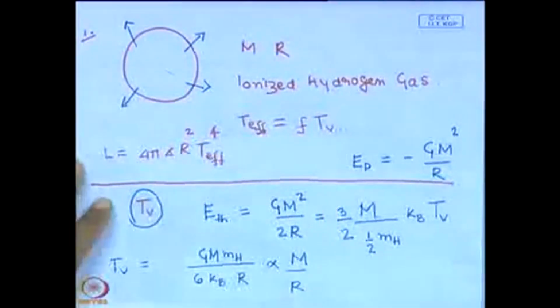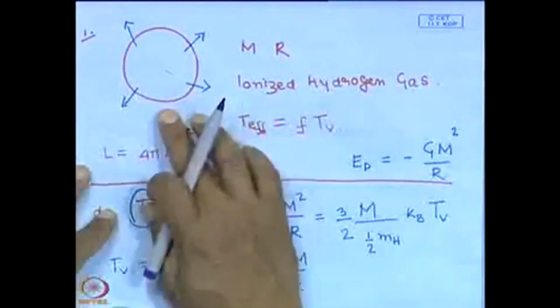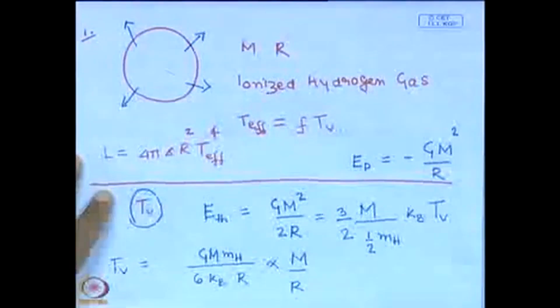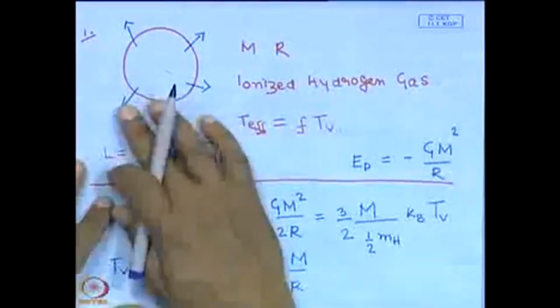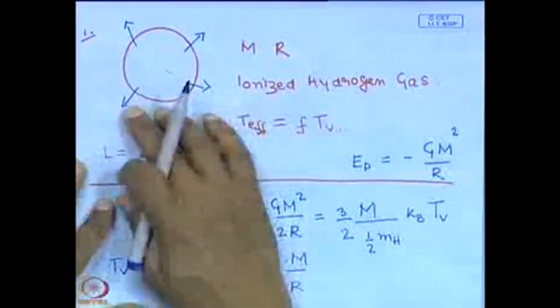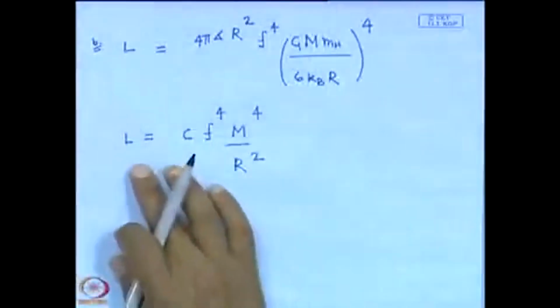So, the total energy and the thermal energy are equal in magnitude. So, you can just equate the loss, and the thermal energy will increase if it loses energy. We have already discussed this. So, we can now equate the rate of loss in energy to the luminosity.